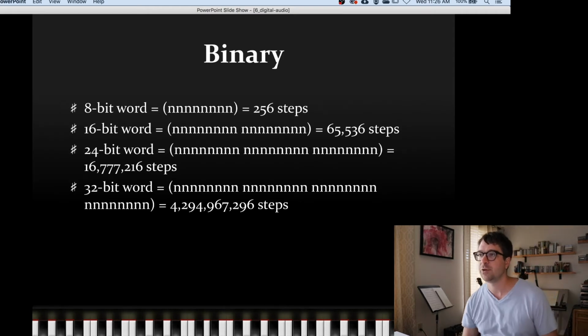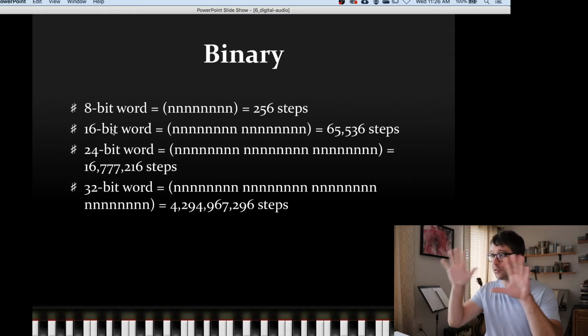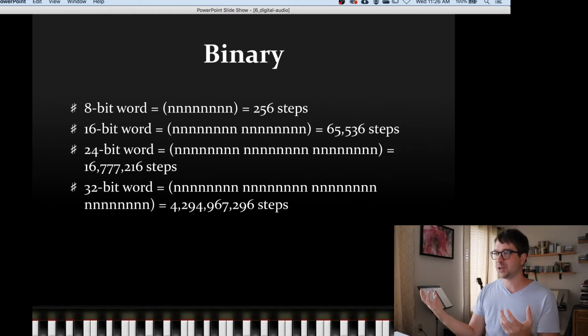Okay, so let's talk about different bit sizes. An 8-bit word or byte is 256 possible numbers, right? If we add another bit onto the end, it goes up exponentially because we're talking about exponents of 2, right? So an 8-bit word has 256 steps. If we have a 16-bit word, now we have 65,536 steps.